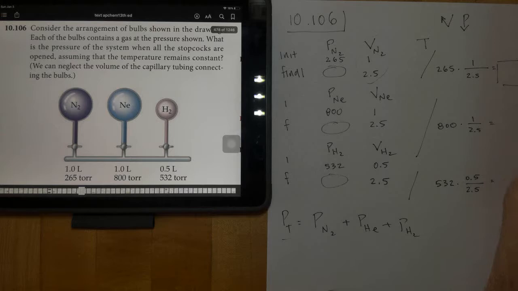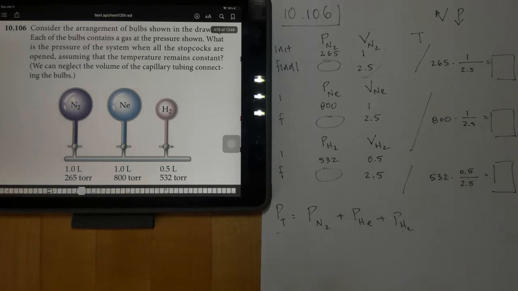So then we will find the pressure here, the pressure here, and the pressure here, and then we'll add all three of those together. The partial pressure of nitrogen at the end turns out to be about 106 torr.